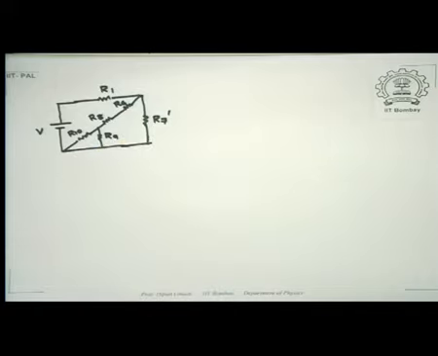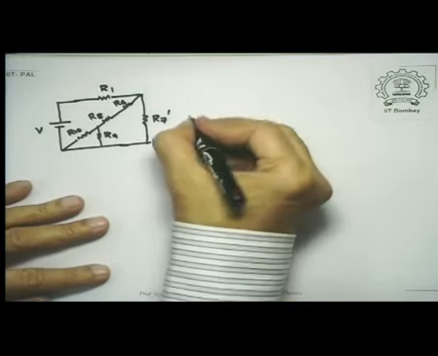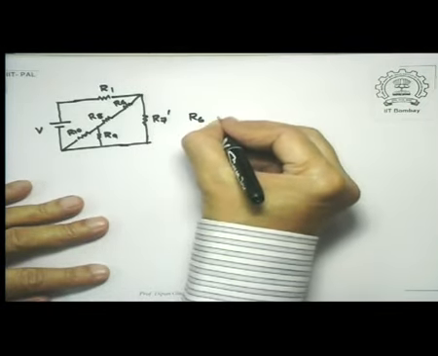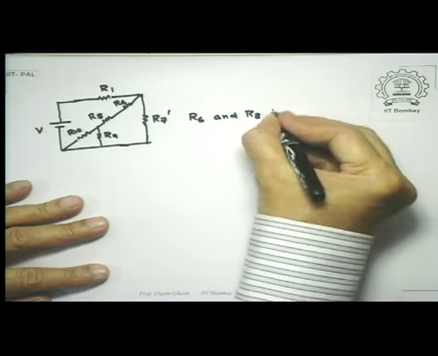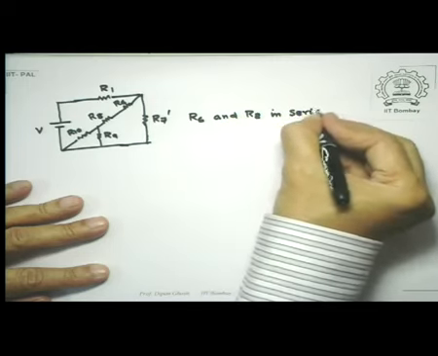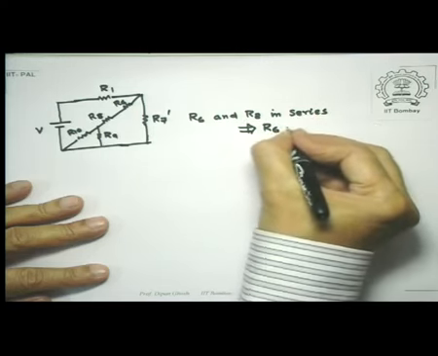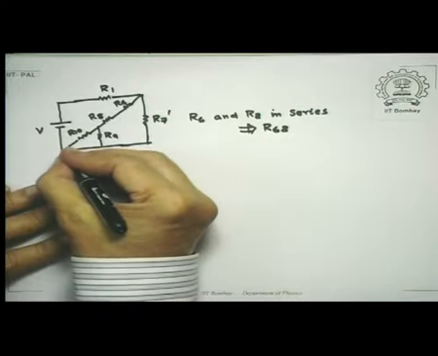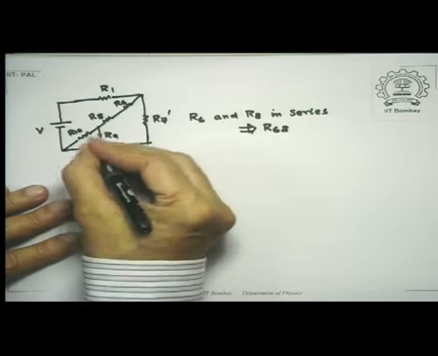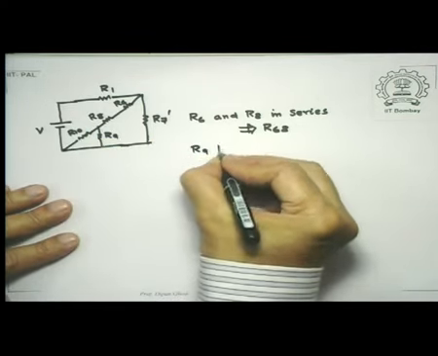So what do we have here? Clearly R8 and R6 are in series. Let's call it a single resistance R68. Not only that, notice that R10 and R9 have common points. So therefore R9 is parallel to R10.